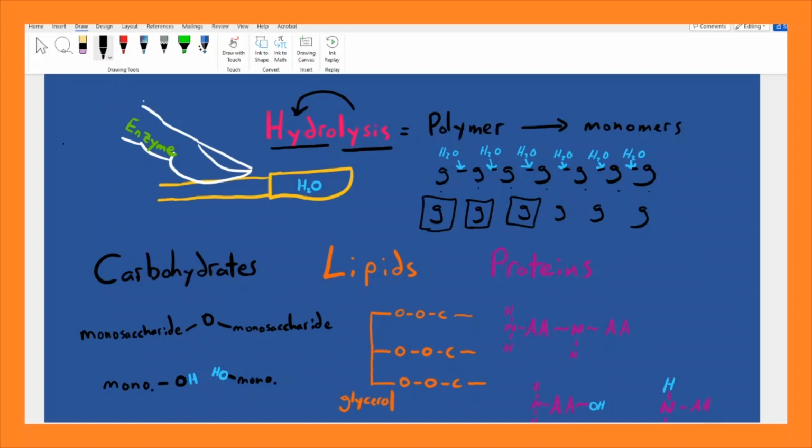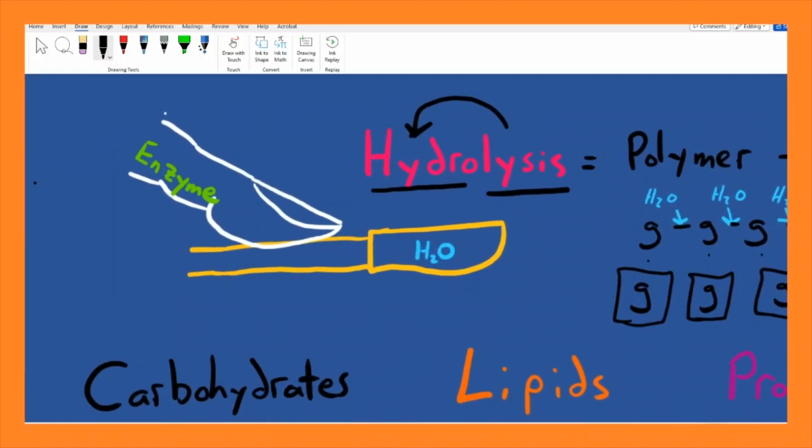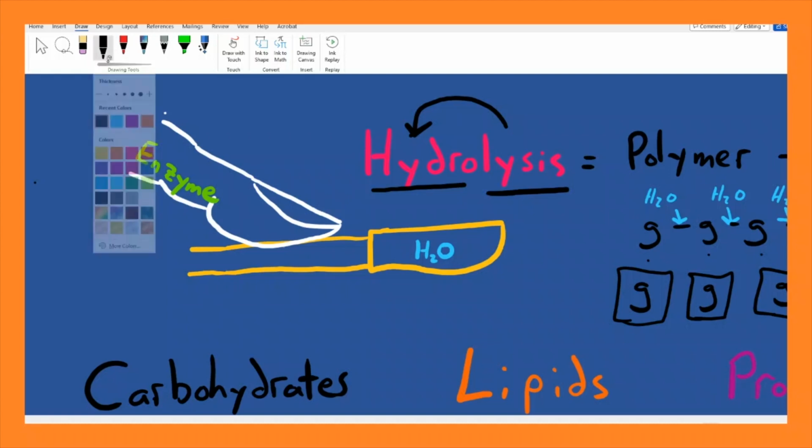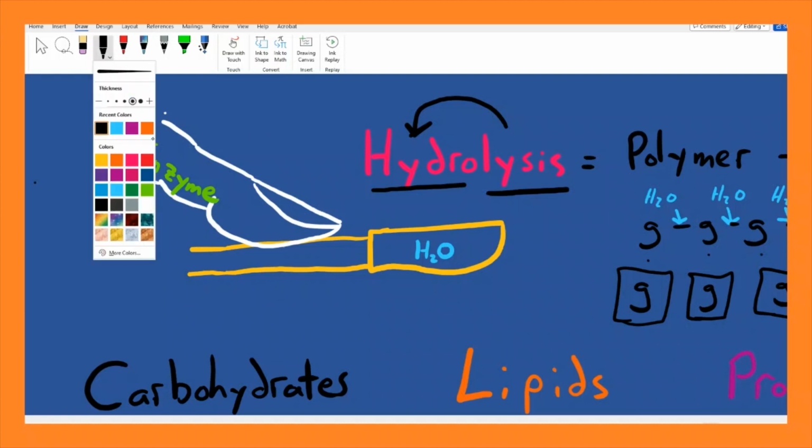What I'm attempting to show you, I don't know how well here, in this section of my picture, is that I think of water as a scalpel that cuts apart these chemical bonds.